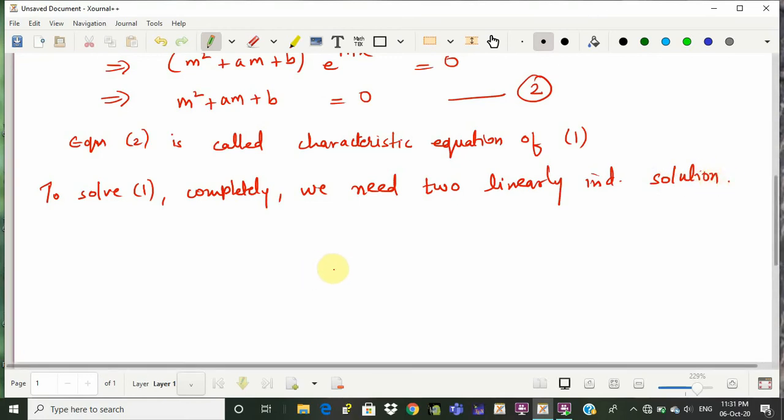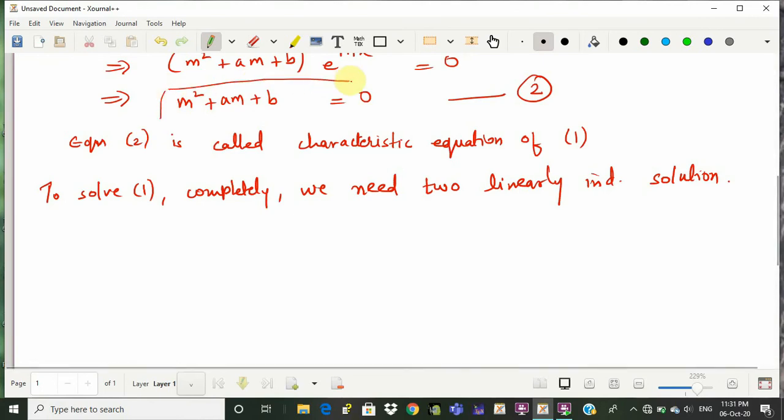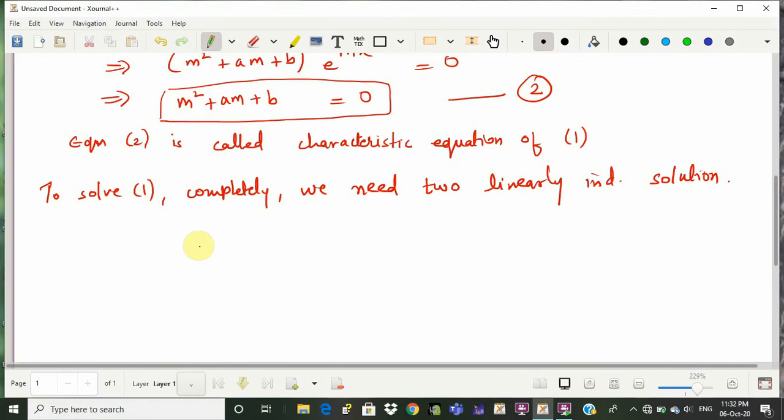So what I'll do is discuss the cases of this, which again depend on the solutions of this characteristic equation. I'll discuss the 3 different cases, because what are the 3 different kinds of solution that this auxiliary equation can have?